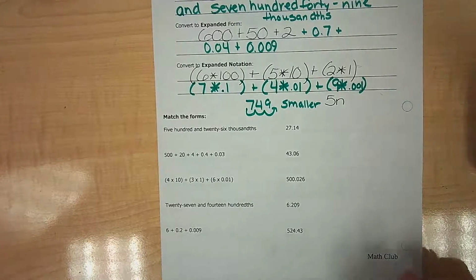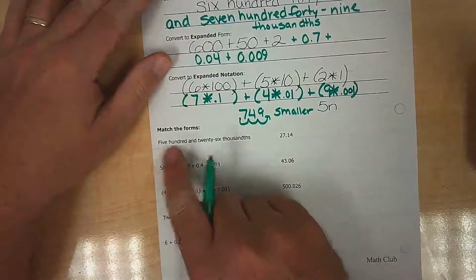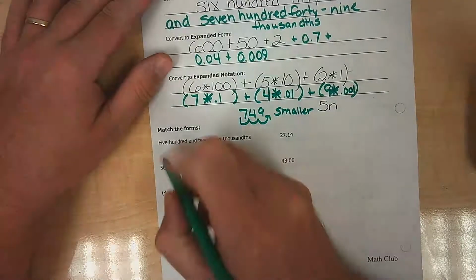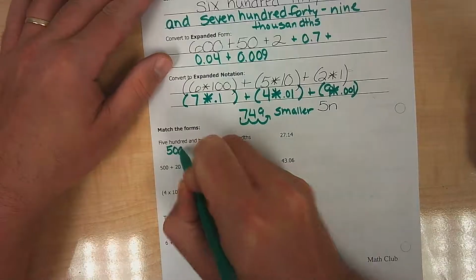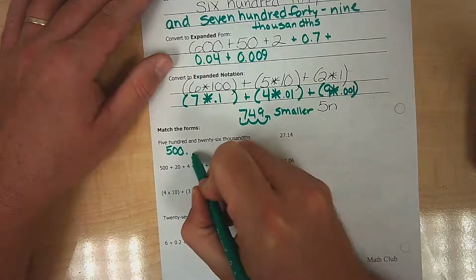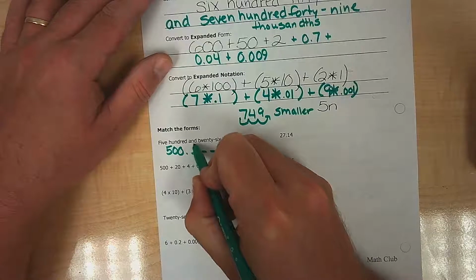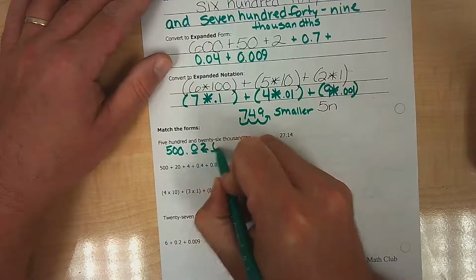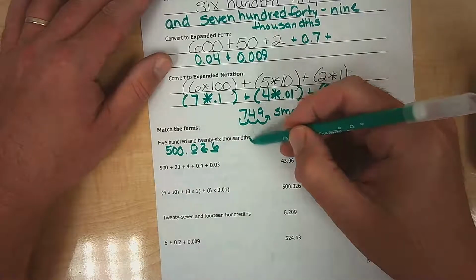All right, let's see how you did. 500 and, so I know that's going to be a decimal. 26 thousandths. Zero has to save the day.